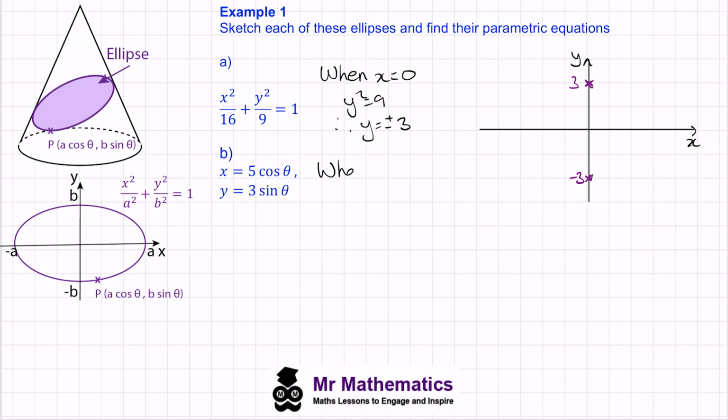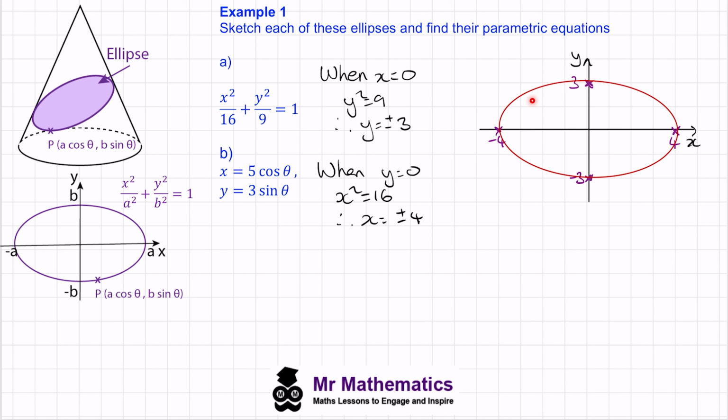And when y is 0, we'll find the points along the x-axis. So y will be 0, so this means y squared over 9 will be 0, so x squared over 16 will equal 1. So x squared will equal 16. So therefore, x will equal plus or minus 4. And we can plot these on our x-axis at positive 4 and negative 4.